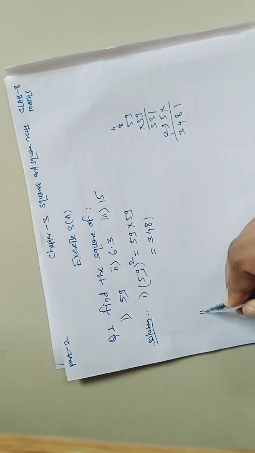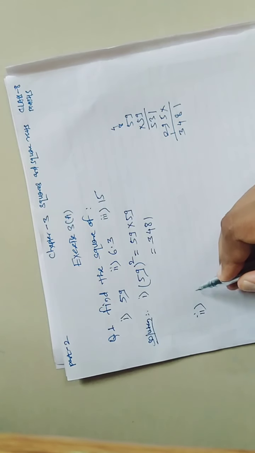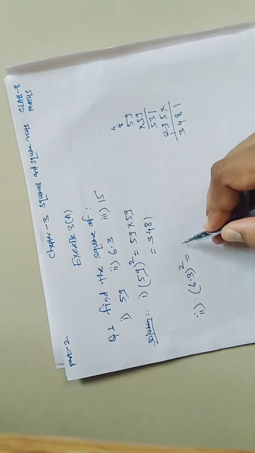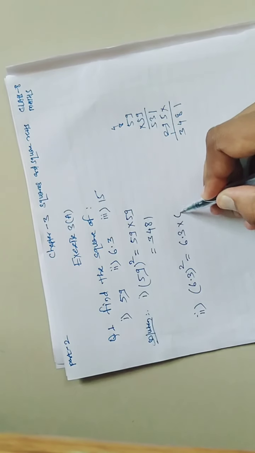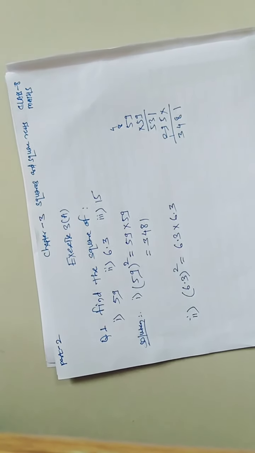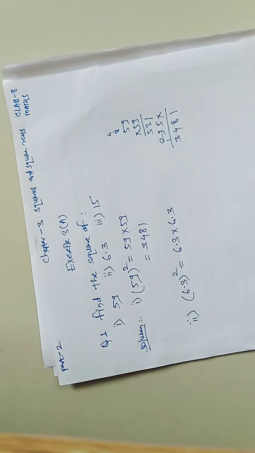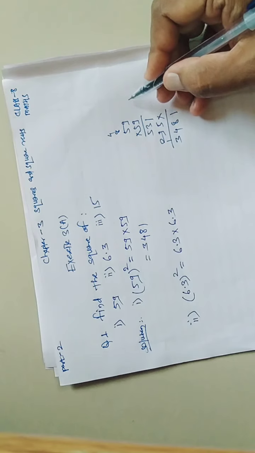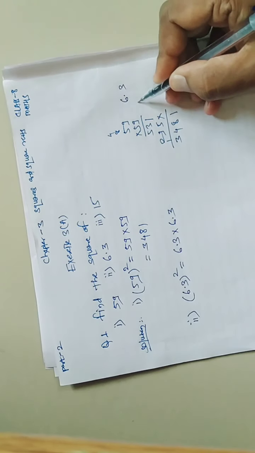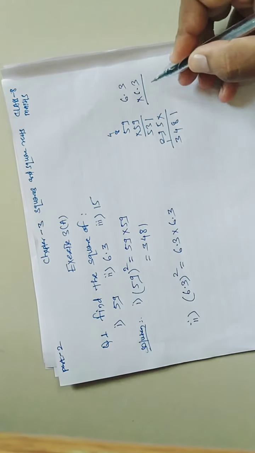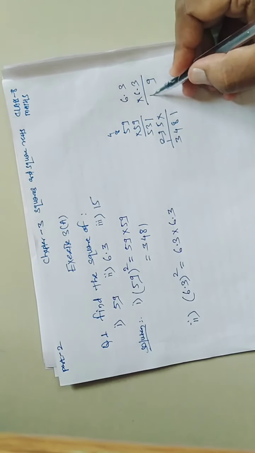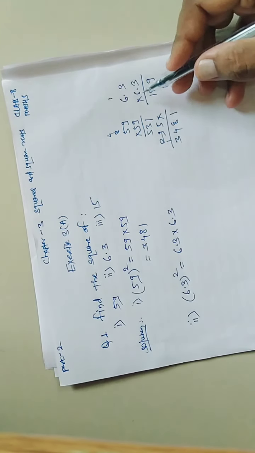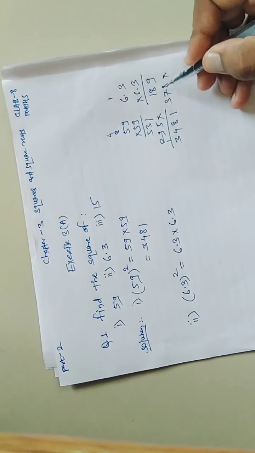Now we'll see second. Square of 6.3 is equal to 6.3 multiplied by 6.3. We'll do the calculation here. 3 threes are 9, 6 threes are 18, 1 carry. 6 sixes are 36 plus 1, 37.